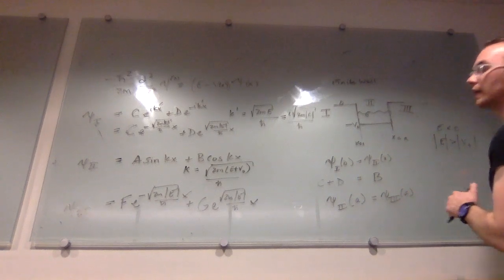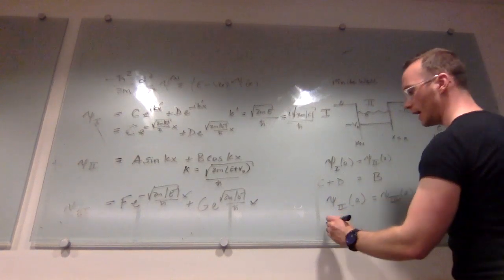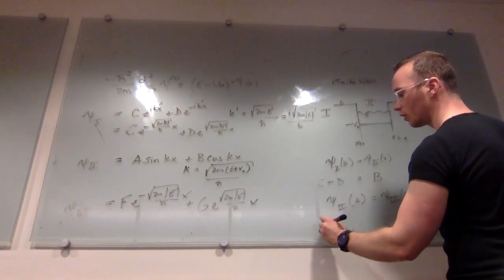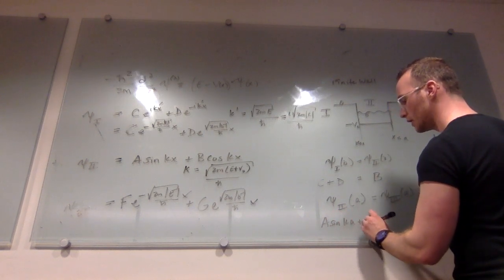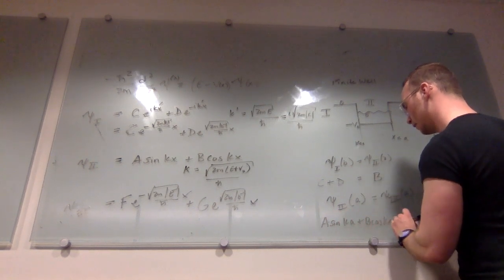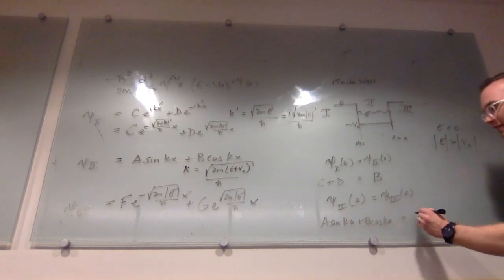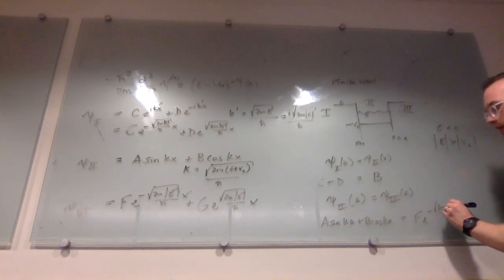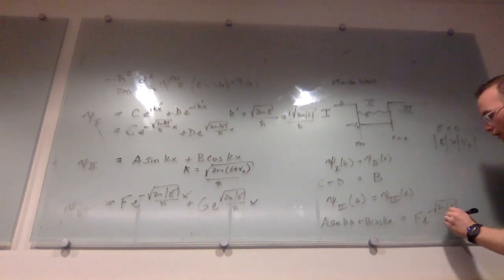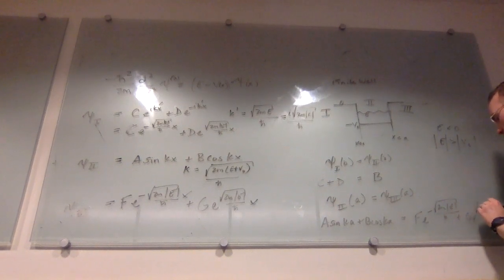And this means that we have, okay, this is going to be annoying, A sine Ka plus B cosine Ka is going to be f e to the minus radical 2m e over h bar plus g e to the 2m.